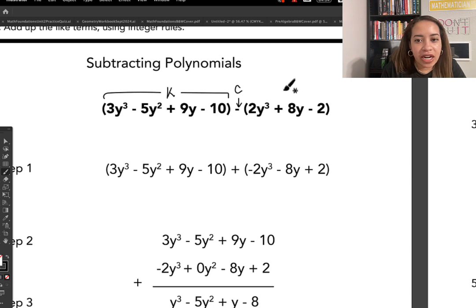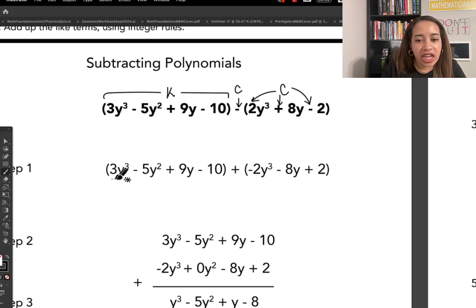And then what's very important is that we change all of the signs in the second polynomial. Instead of a positive 2y to the 3rd power, we have a negative 2y to the 3rd. Instead of a positive 8y, we'll have a negative 8y. And instead of a negative 2, we'll have a positive 2.